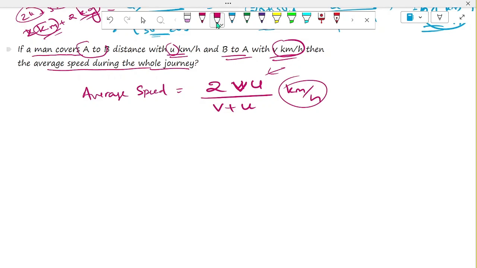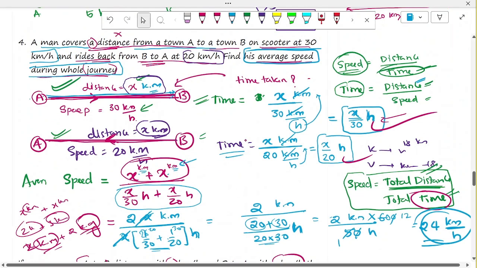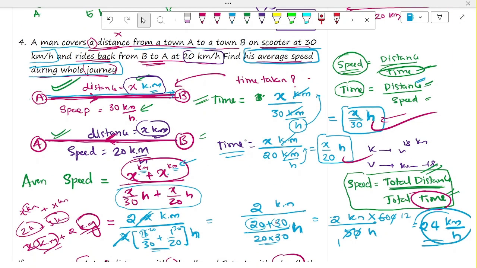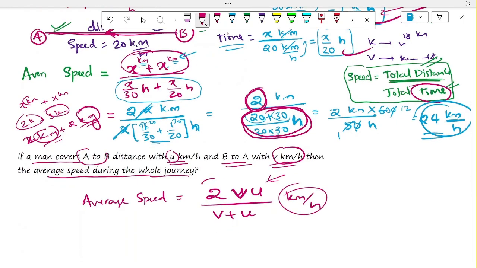Whatever I have told, that is for your understanding. Actually, the question will be solved like this. Whatever I explained here, the formula is nothing but coming from here. See, 2 is remaining on the top, so I have written 2 here.